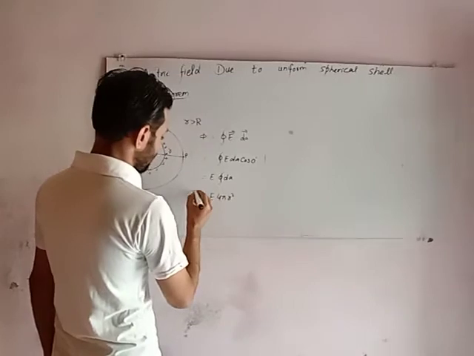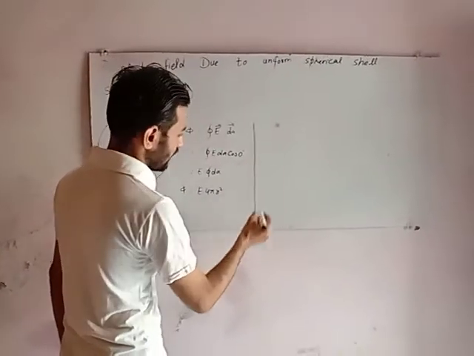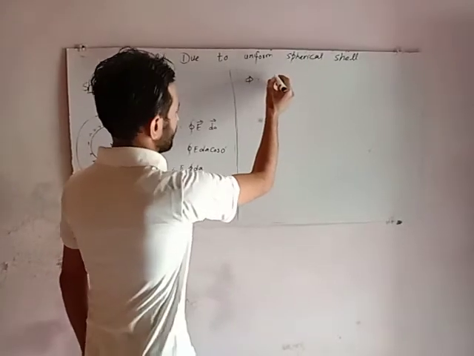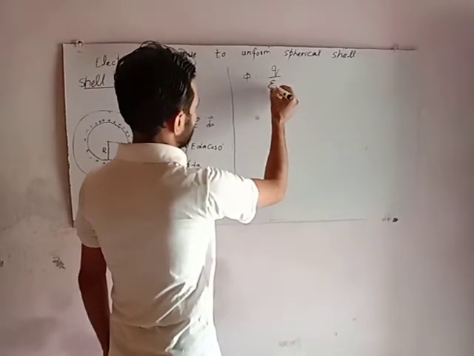This is the area of the sphere, and also we know that flux is equal to charge enclosed over epsilon naught.